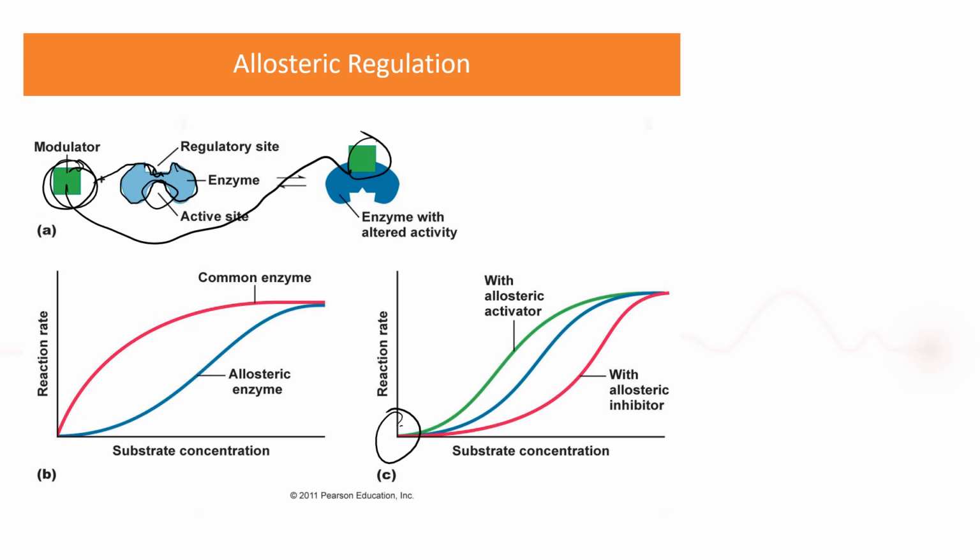But this time, this is a different molecule. This molecule, when it binds to the regulatory site, decreases the affinity that the enzyme has for a particular reactant or substrate. So it changes the active site of the enzyme so that it has a decreased affinity for a particular reactant or substrate.